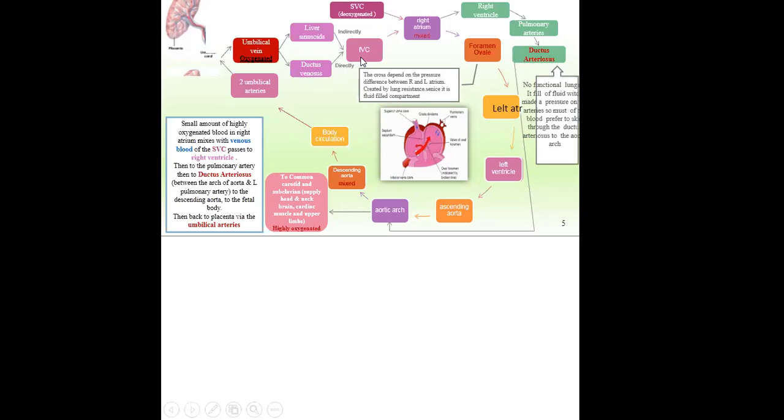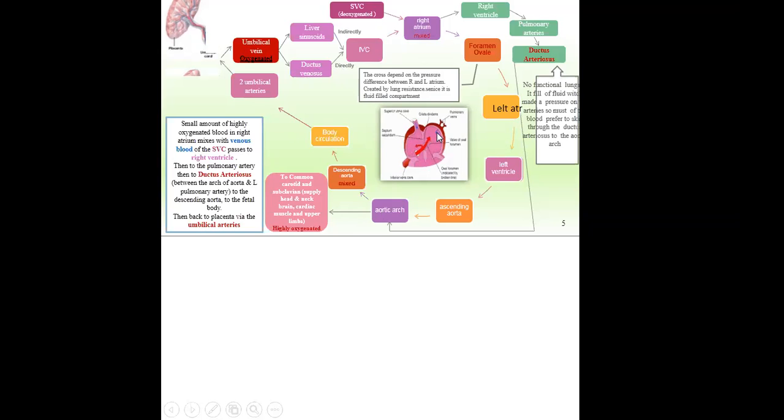The inferior vena cava will bring the blood to the right atrium, and from the right atrium to the right ventricle, and by contraction the pressure here is high.